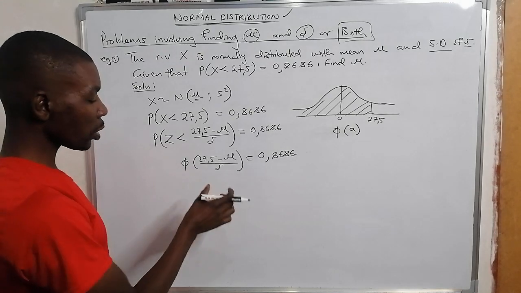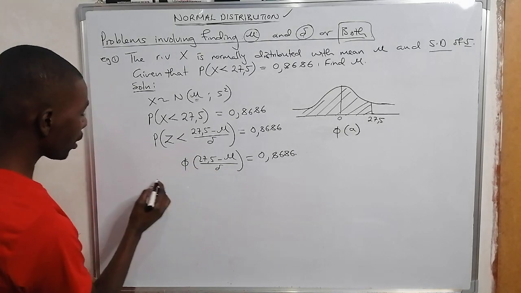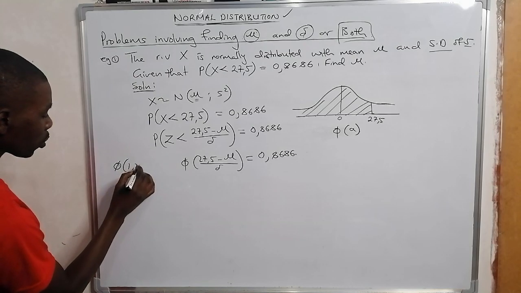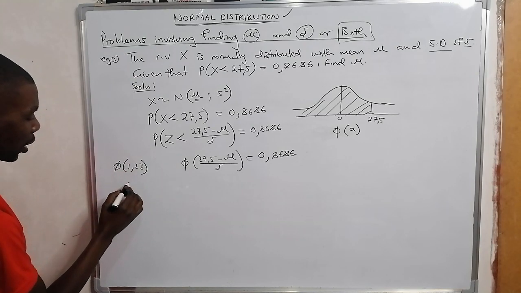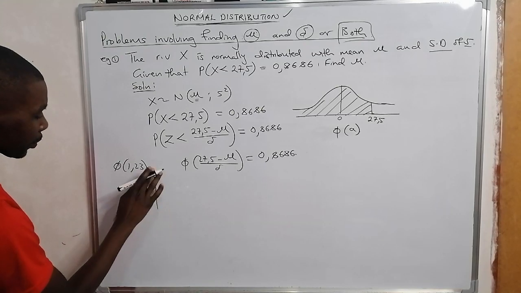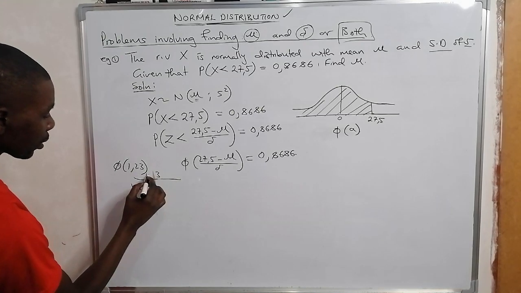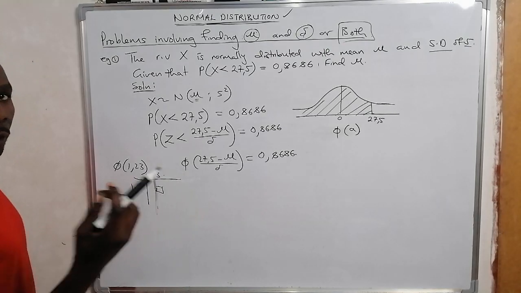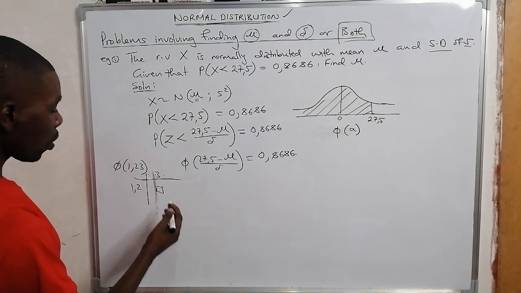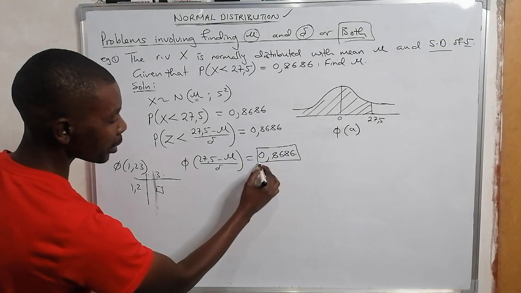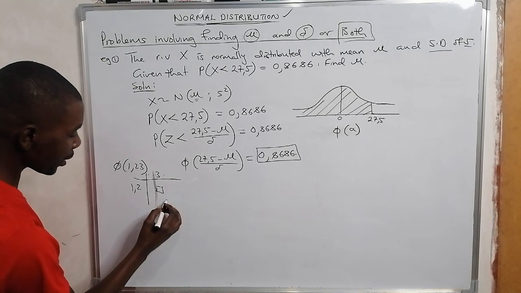Then from your table, remember, in our previous lesson, when we were looking at phi of, let's say, 1.23, we were looking at 1.2 under 3. Now we do the reverse. We look for 0.8686 inside the table.